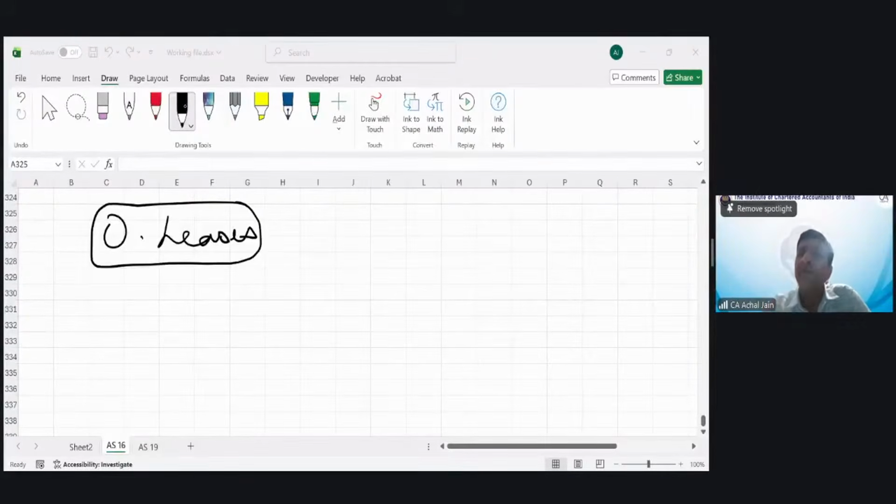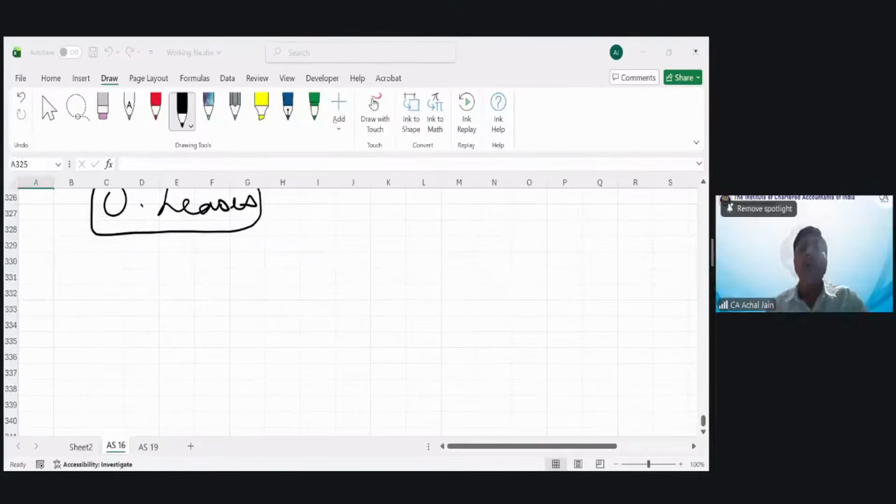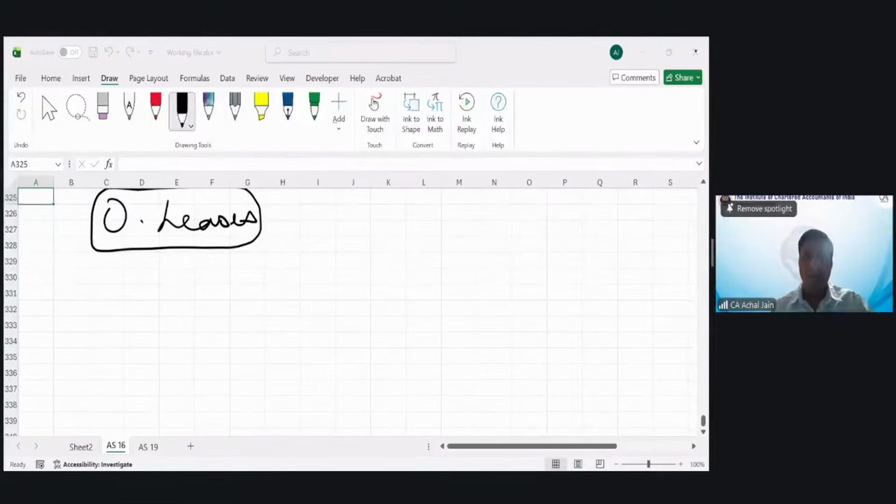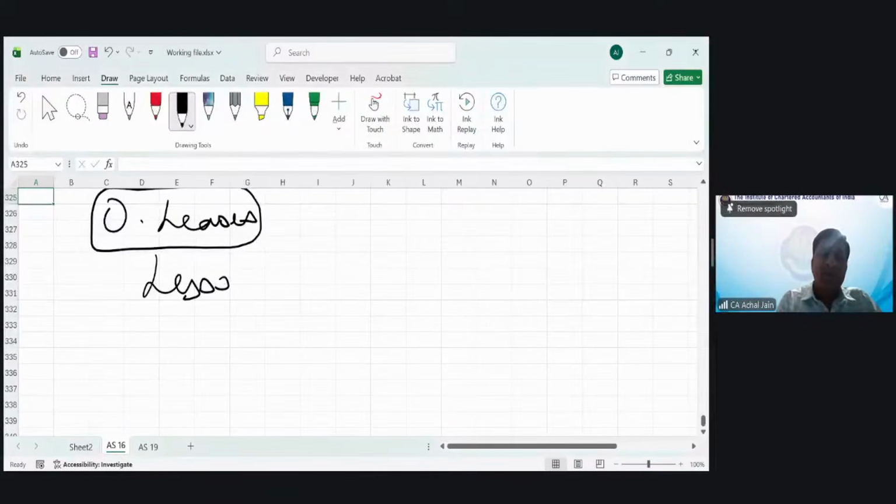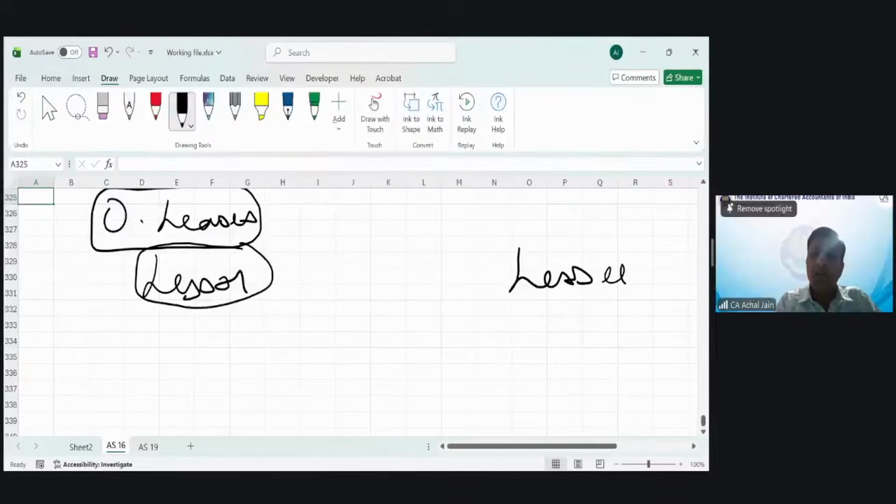Correct? Now, in case of an operating lease, next comes the question, how do you record it? There are two parties, lessor and lessee. Who will record this?